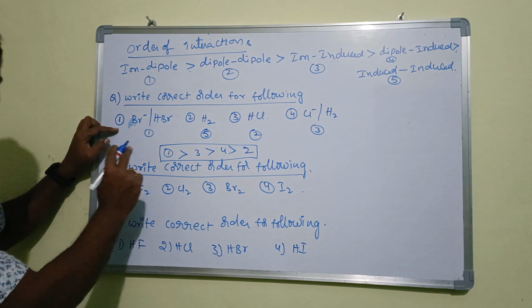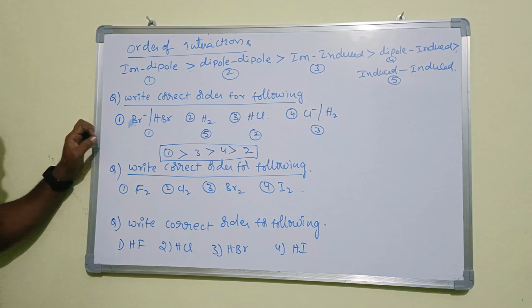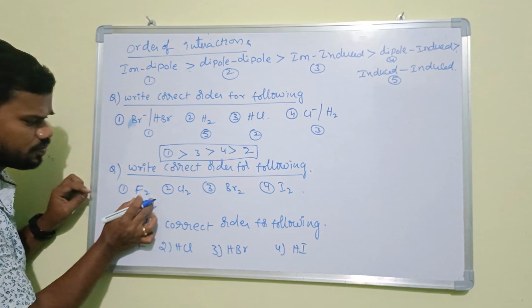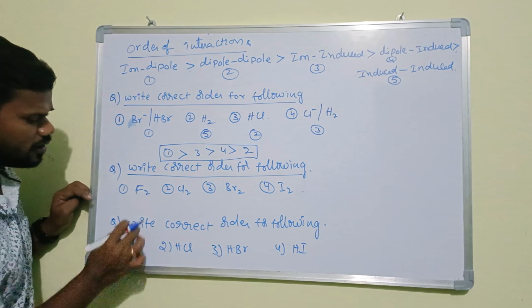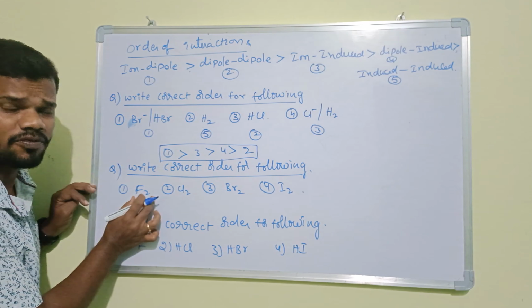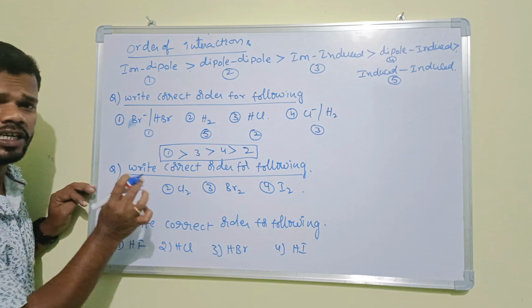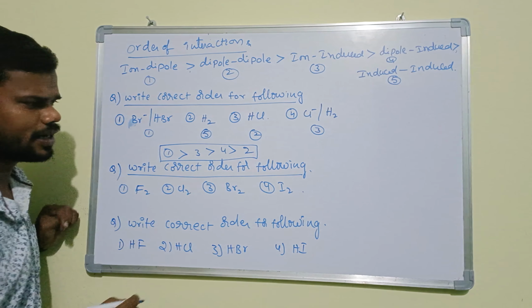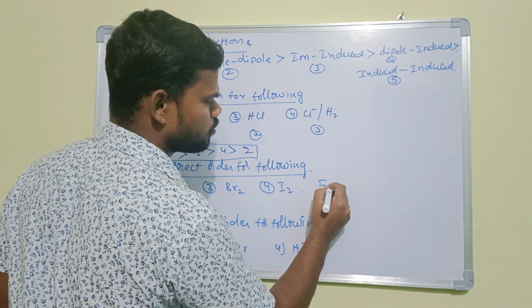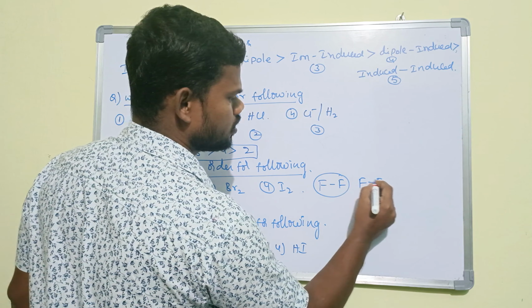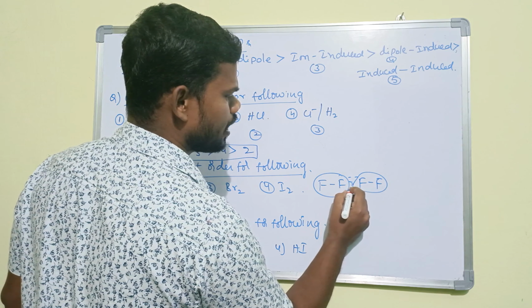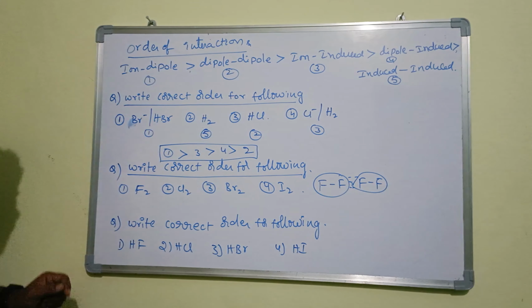Like this they ask questions. Then we can see this question: F2, Cl2, Br2, I2 molecules. Between F2 molecules, what type of interactions are present? Induced dipole and induced dipole interactions are present.